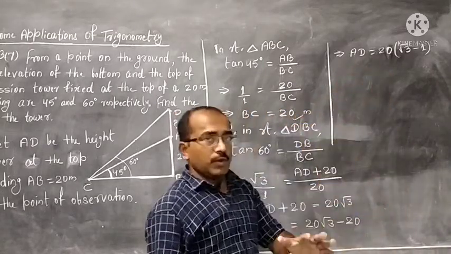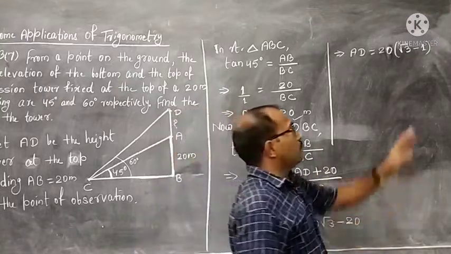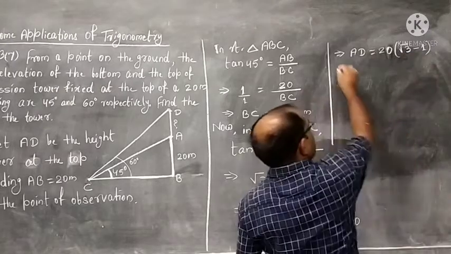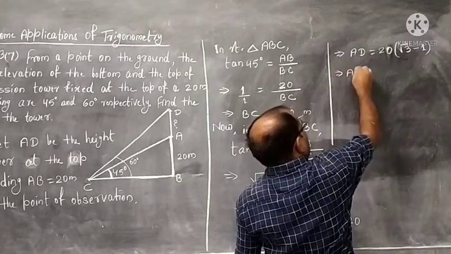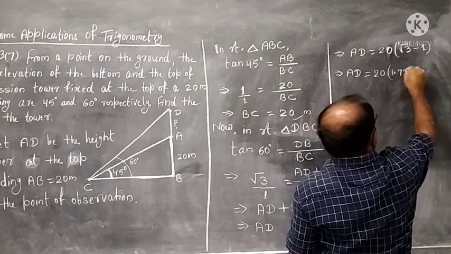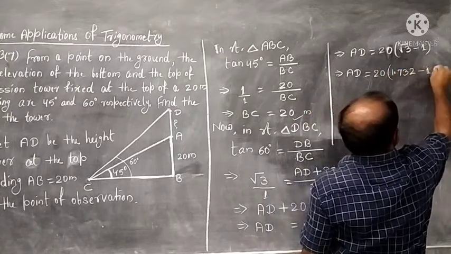Now from here, if we want the exact value, we take root 3 as 1.732 minus 1. So AD will be equal to 20 into 1.732 minus 1.000.